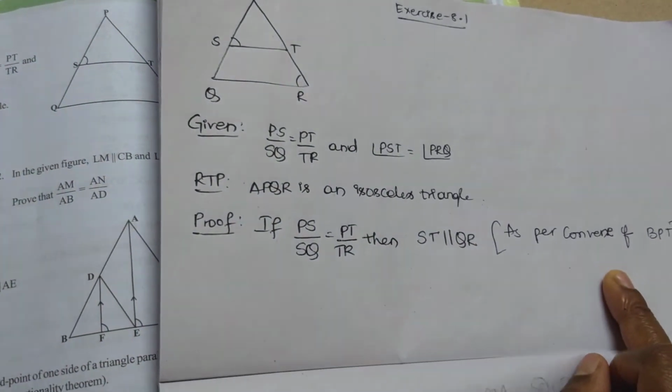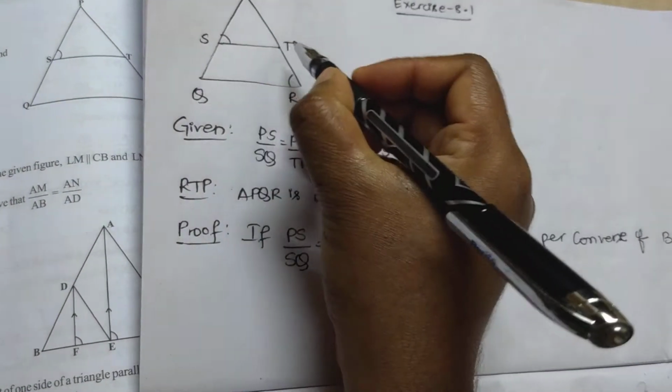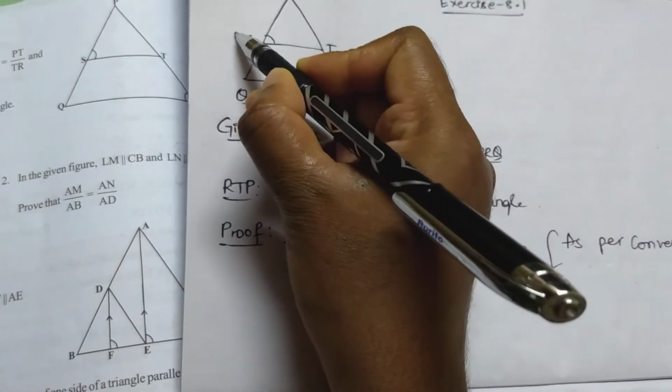This is as per the converse of the basic proportionality theorem, theorem 8.2, which we have done in our previous video. If PS by SQ equals PT by TR, then ST is parallel to QR. This is as per the converse of the basic proportionality theorem or Thales theorem. So here ST is a line parallel to QR.